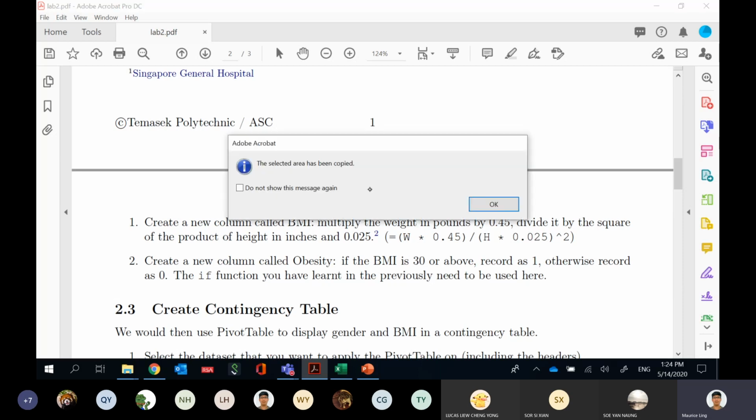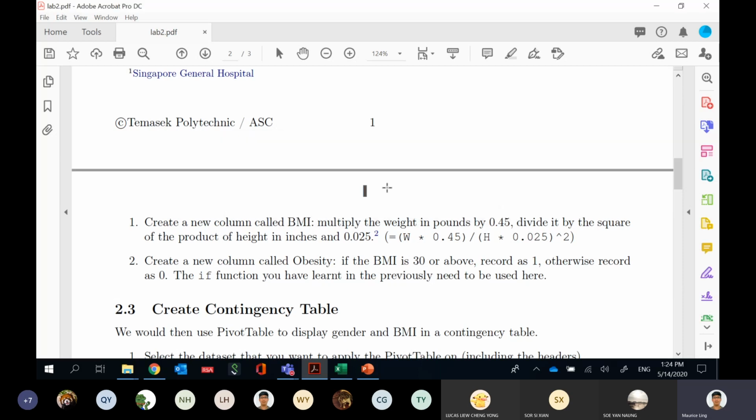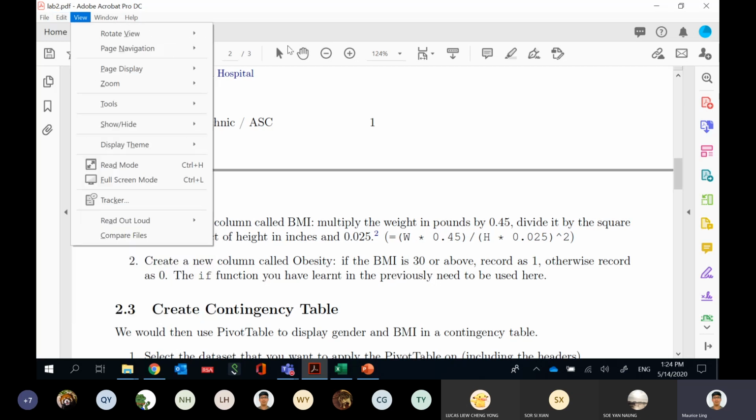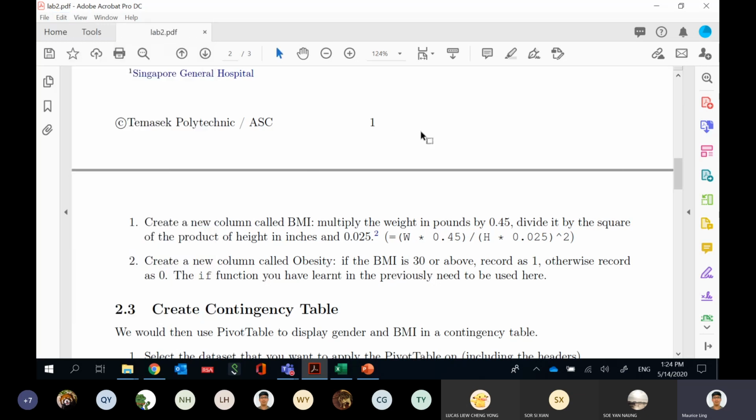So from pounds, I multiply by 0.45 to get kg. For height, in meters, I will multiply the inches by 0.025. So basically, this will be the equation that I want.